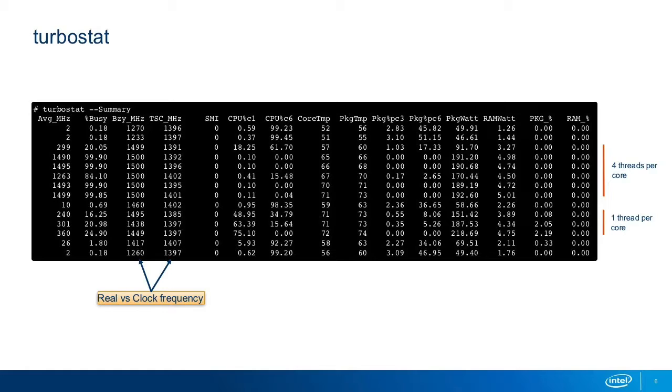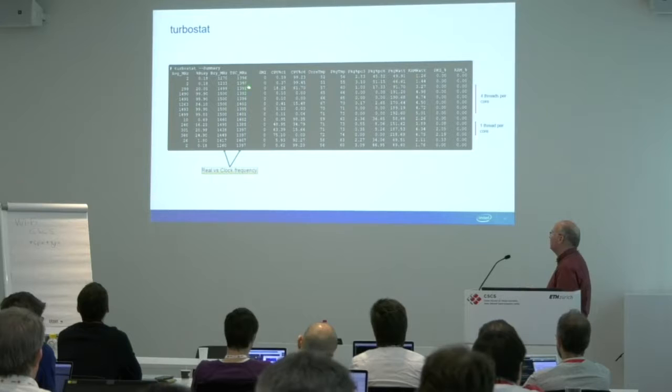So here is an example of turbostat, and you see here are the turbo frequencies or the measured frequencies, and you see here we are above the defined non-turbo frequency of 1.4. This is the reference here, it's all around 1.4 gigahertz.